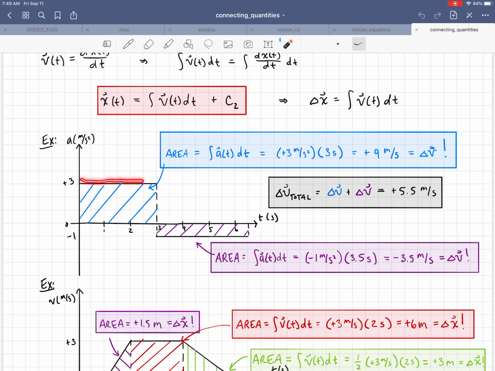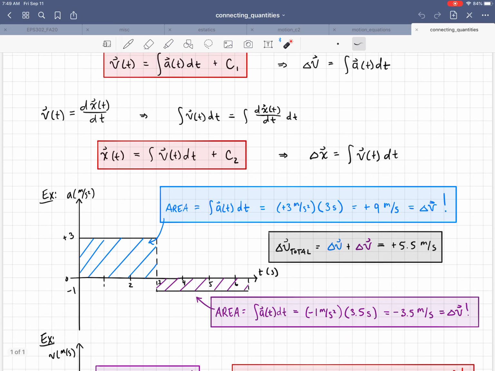For the first 3 seconds, the acceleration is plus 3 meters per second squared. And for the last 4 seconds, the acceleration is negative 1 meter per second squared. And so if we look up here, I can figure out the change in the velocity of the object during these first 3 seconds if I just calculate the integral here, which is the area under this curve. So this area, or this integral, is rather straightforward.